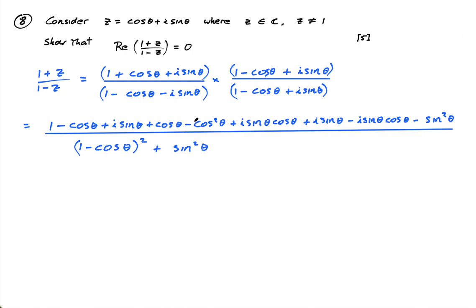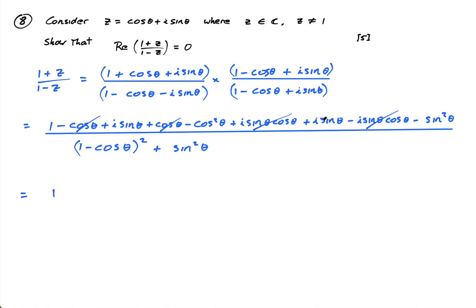All I need to show now is that this numerator's real part is equal to 0. So I have a minus cos theta and a plus cos theta. They cancel. I have an i sine theta cos theta minus i sine theta cos theta. Okay, that's not bad. I then have a 1 here.